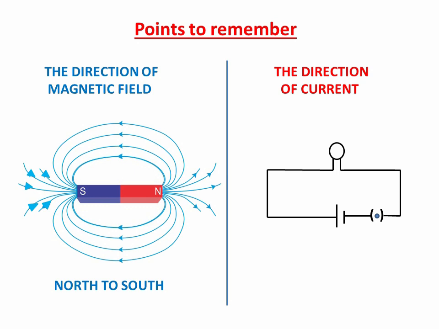So, the current is moving from positive terminal to negative terminal. So, when you close it, the bulb is glowing. From this experiment, what do you learn? That is, the current moves from positive terminal to negative terminal.